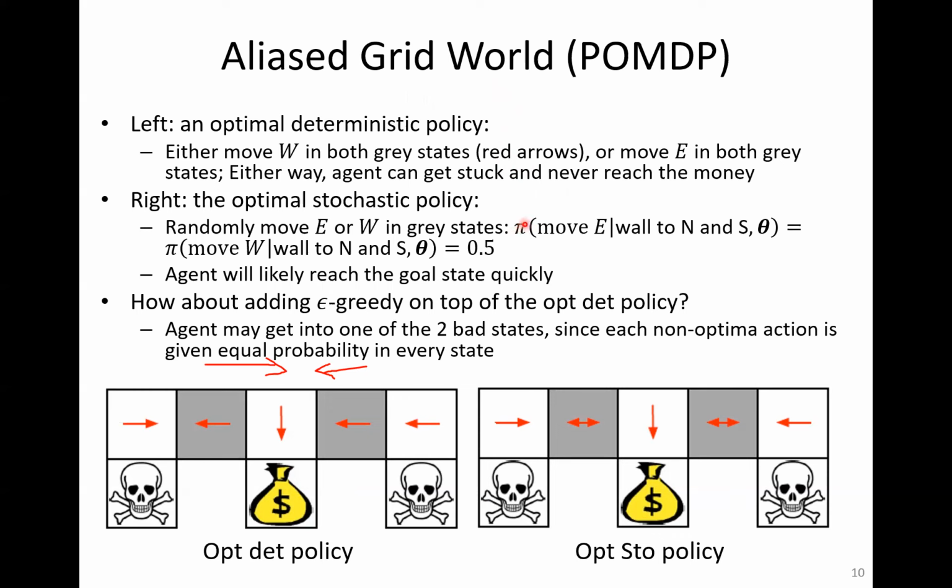So the pi for moving east, with a wall to the north and west, that's the left corner, is equal to 100%, and the pi for moving west is equal to 0%, and moving south is equal to 0%. Yeah, that's right.